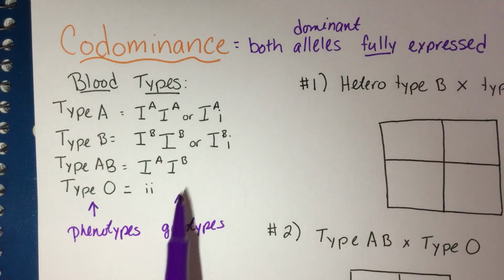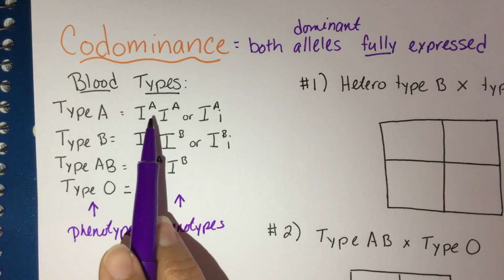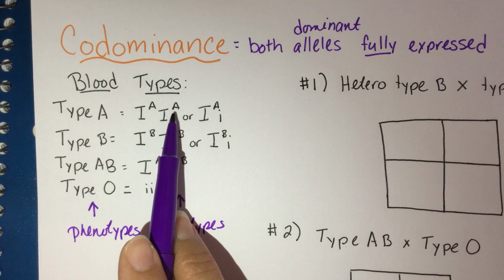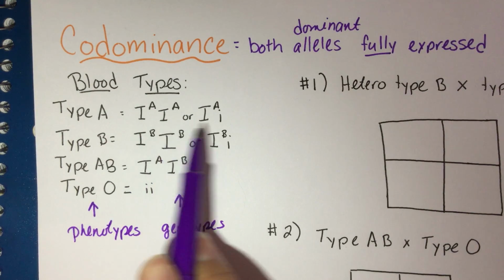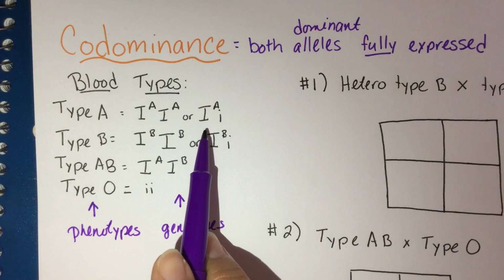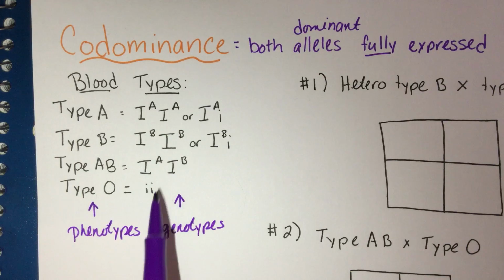So when we're talking about having type A blood, we're going to write that as big I, big A, big I, big A. That person would be homozygous dominant for type A blood, or you could be heterozygous, and so you could have big I, big A, little I. Remember, little I is our recessive, that's for type O blood.